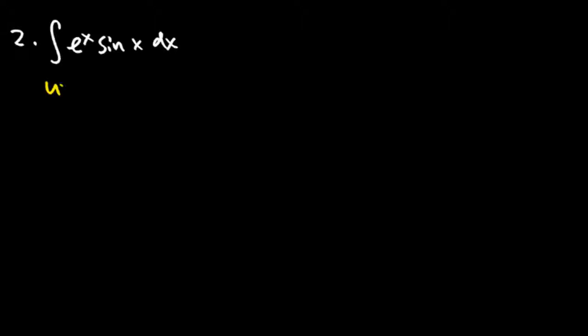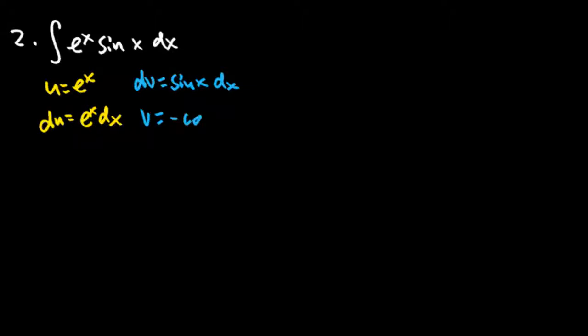So let's just let u equal e to the x, du equals e to the x dx, dv equals sine of x dx, v equals negative cosine of x. So either way, a negative is going to get introduced somehow, so it doesn't really matter too much where.